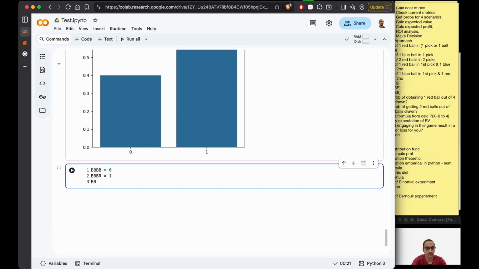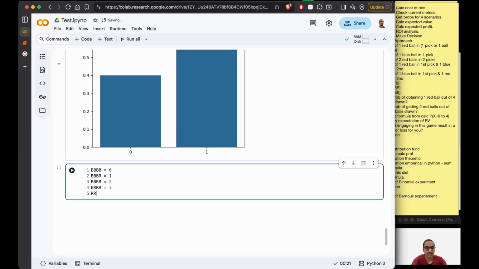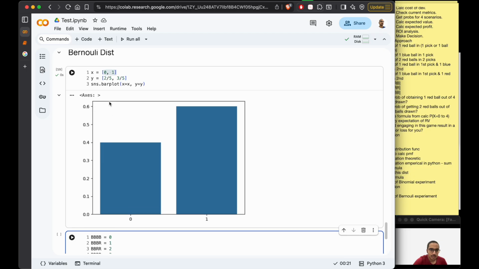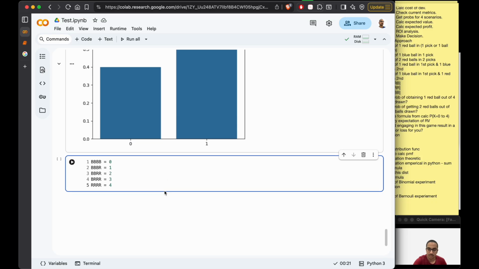I have blue, blue, red, red. I have 2 successes. I have blue, red, red and red. I have 3. And I have red, red, red and red. I have 4. So my x in the binomial case will be 0, 1, 2, 3, 4, and obviously the PMFs will follow.